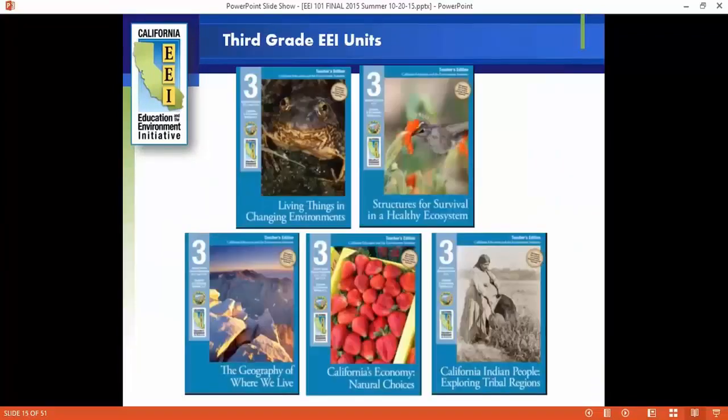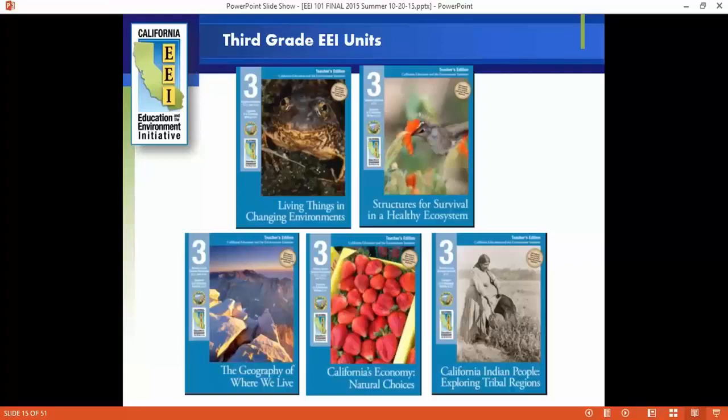Third grade, Wendy, you've taught some of these, haven't you? I have taught several of these. I think one of my all-time favorite units is Structures for Survival in a Healthy Ecosystem. And I should just say right here that with the introduction of the Next Generation Science Standards, NGSS, some of these units are really changing grade levels.